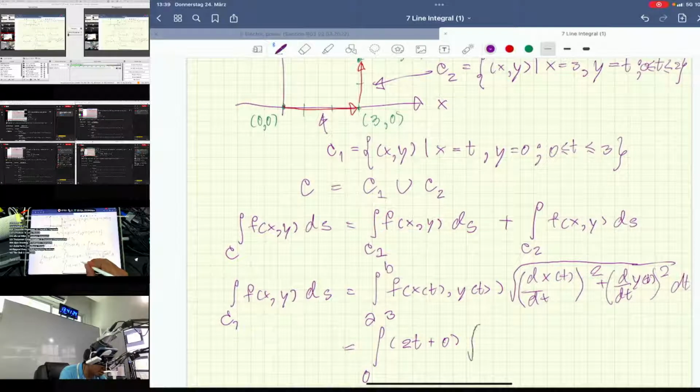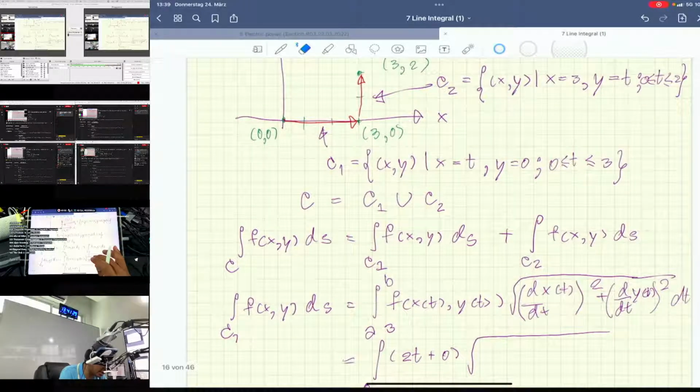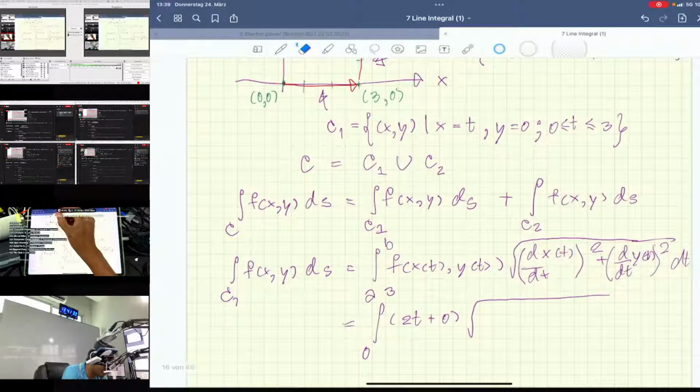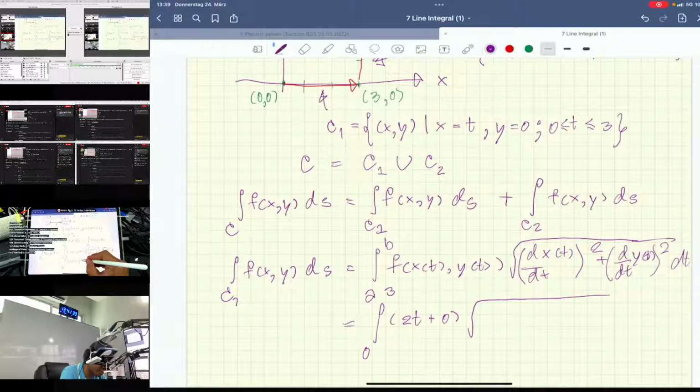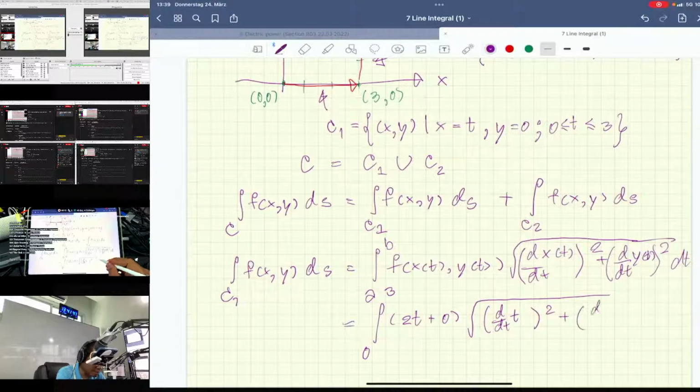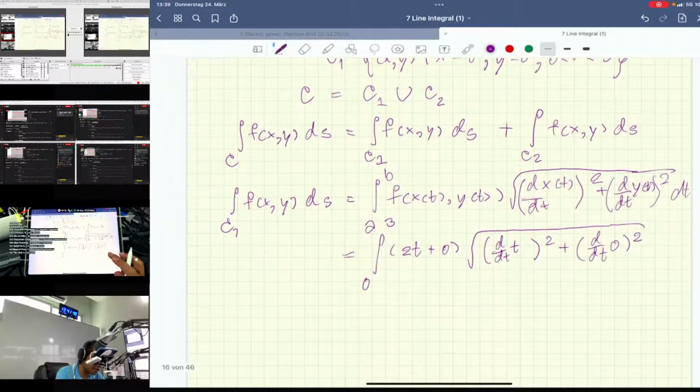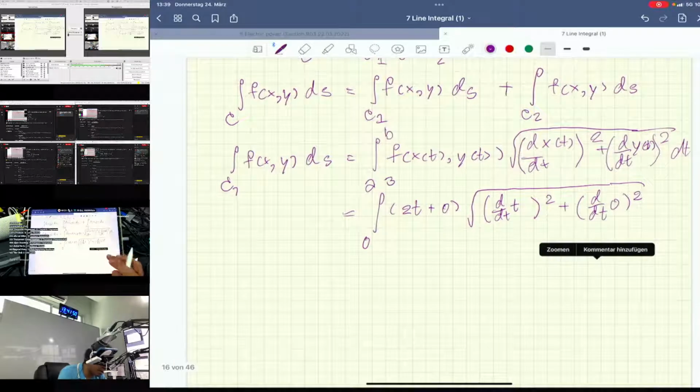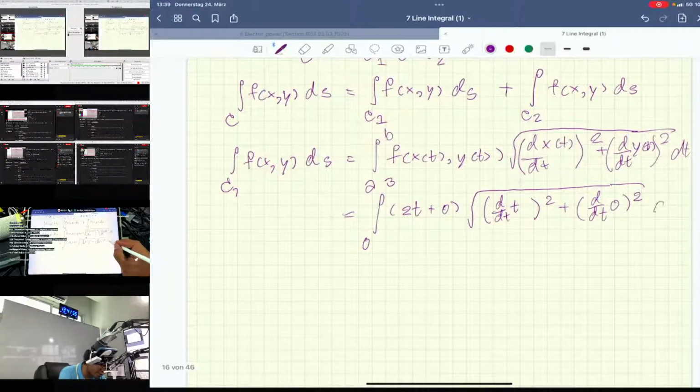And the square root: x is t, so we have d/dt of t squared, plus d/dt of y, and since y is 0, we have 0 for the second term, and here we have number 1, right? And also dt, please don't forget.